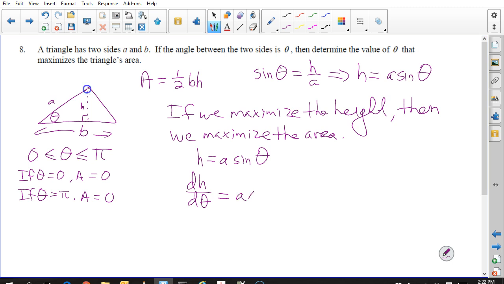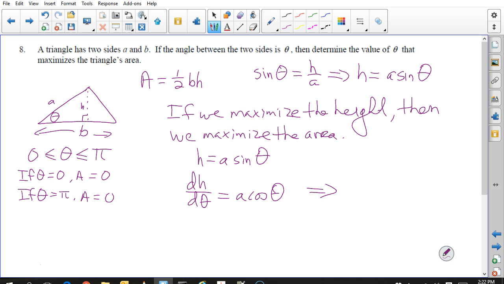A cos theta. Now, is it easy to take the second derivative? Yes. If you want to do the first derivative test, that's okay, but I just assume the second derivative.